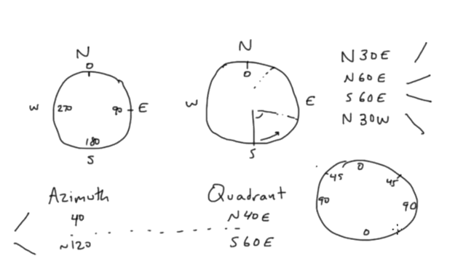So you always start at either north or south and go up to 90. The number in the strike for a quadrant will never be greater than 90.